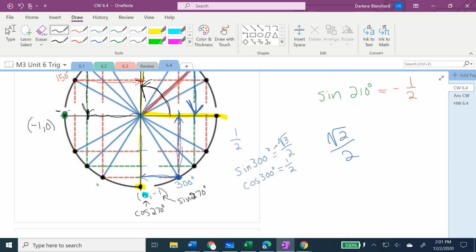Are you saying somewhere about here? Yeah, somewhere. So that would mean that because it passes by three lines, it'd be square root 3 over 2.